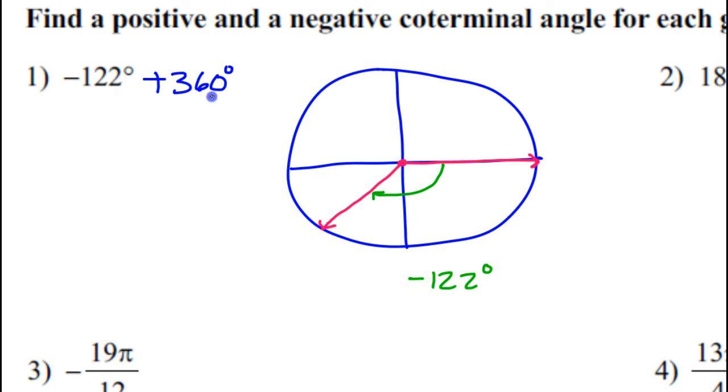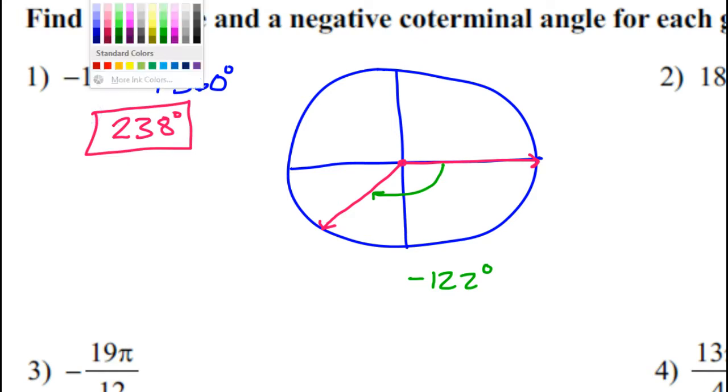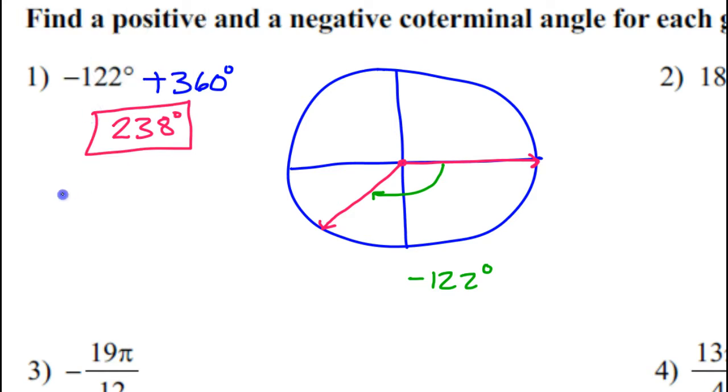So this will give me a coterminal angle. So that is 238 degrees. So that is a positive coterminal angle. We can get a negative coterminal angle by going the other way. So instead of adding 360 degrees, I'm going to subtract 360 degrees.